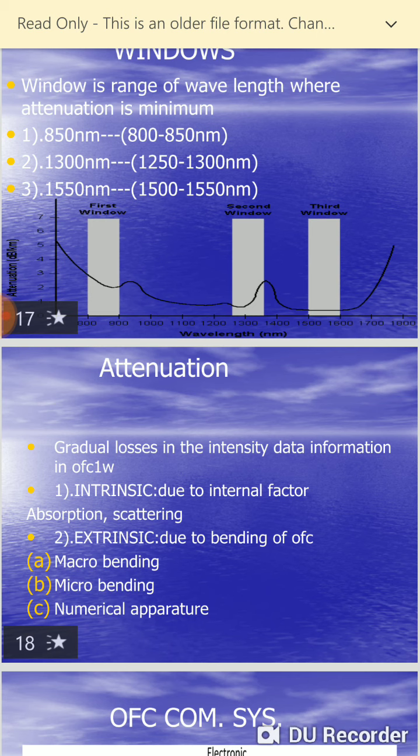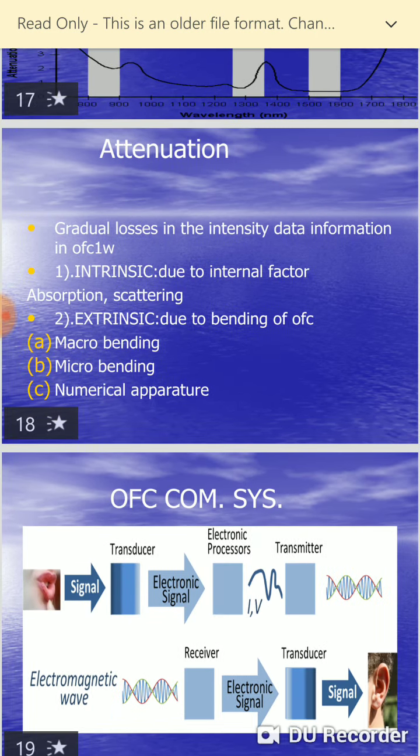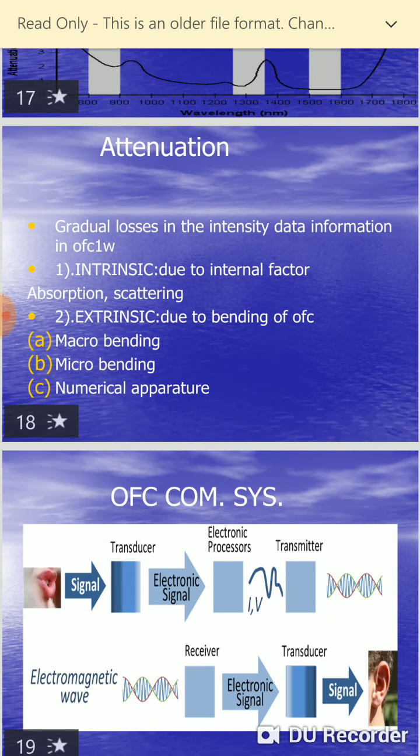Scattering losses, in that it is linear scattering losses, non-linear scattering losses, macro bending of optical fiber cable, and based on this another parameter we have to consider, that is numerical aperture of optical fiber cable. So these parameters also we have to consider when we are going to design the optical fiber system.